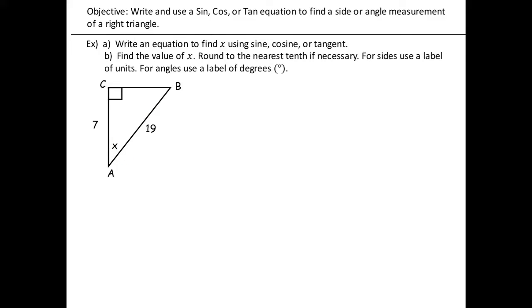And then angle A right here is where the X is at. So CA is 7, AB is 19, and the angle A is X right here. So what I'd like you guys to do is label the O, the A, and the H. Cross out the side that we're not using. And then figure out if this is sine, cosine, or tangent.